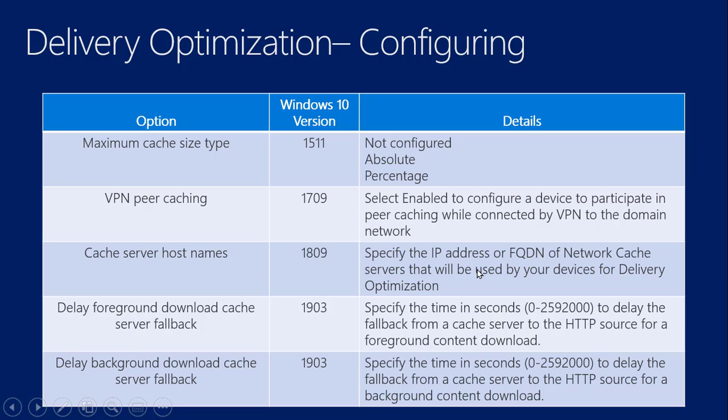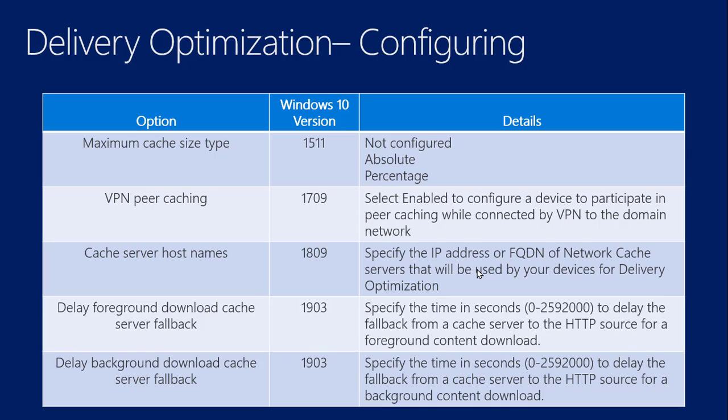Now this one's interesting, and you'll see this again in just a minute, where in certain scenarios, like with something like Config Manager, you can actually set up a server that will basically act as a cache of content that your devices can reach more potentially readily than going to the internet, and basically use that as the content acquisition source.